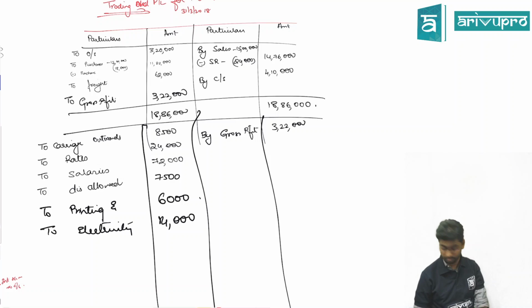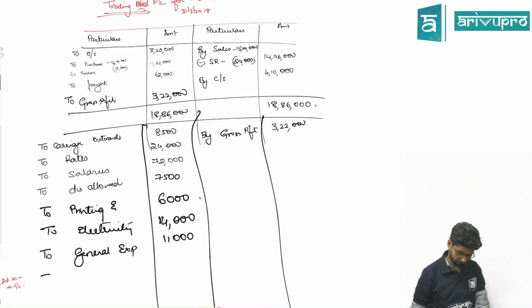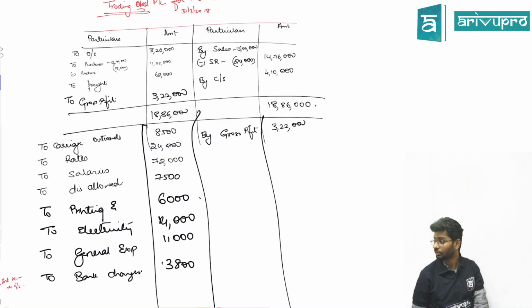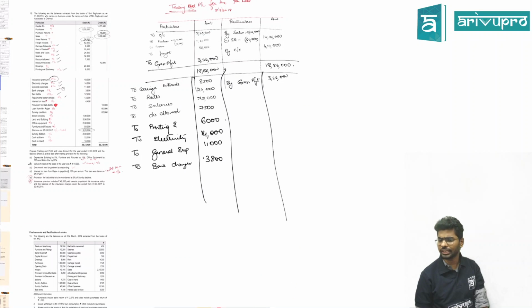Then how much? Then how much? Then is there any working note? How much is the amount? Repairs to motor car? 13,000, no?